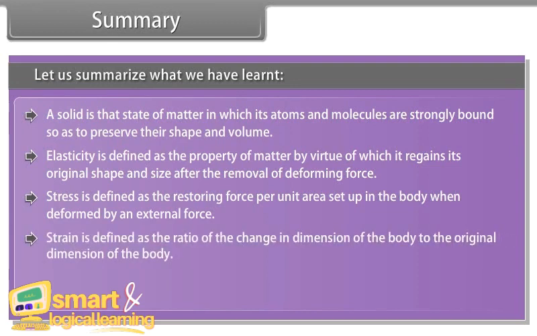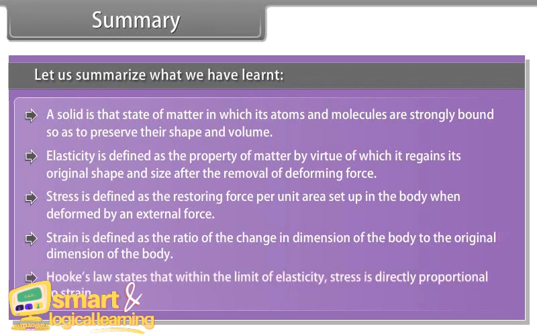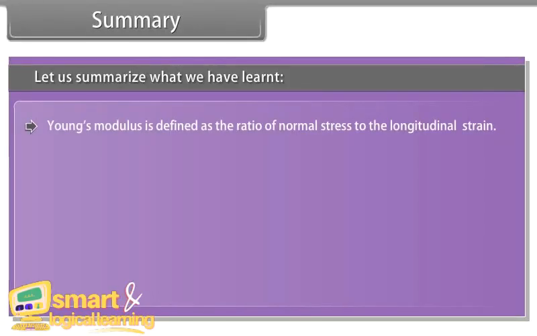Strain is defined as the ratio of the change in dimension of the body to the original dimension of the body. Hooke's law states that within the limit of elasticity, stress is directly proportional to strain. Young's modulus is defined as the ratio of normal stress to the longitudinal strain.